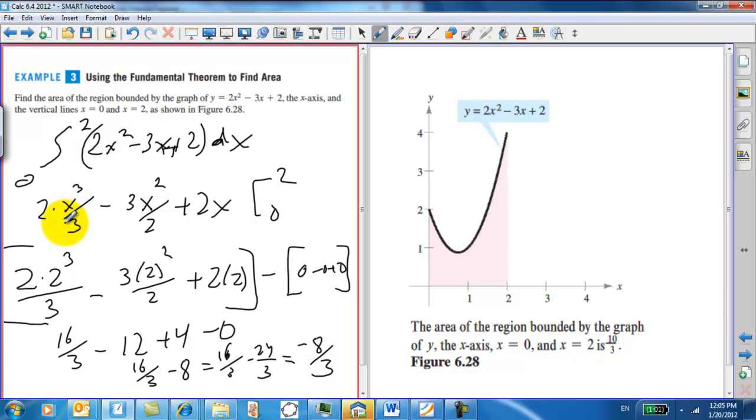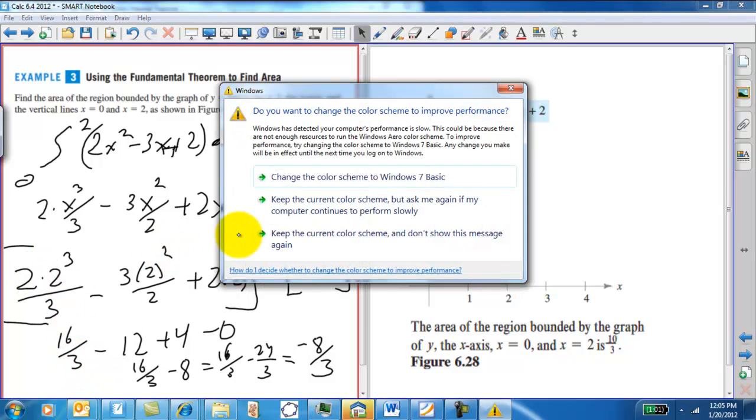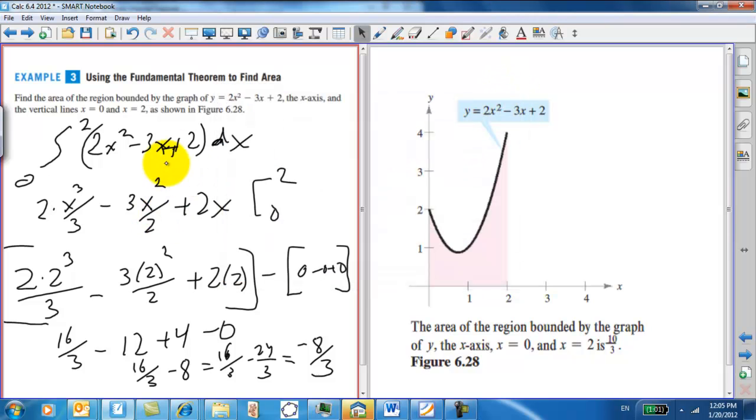2x cubed over 3, that's all good. 2x, we put the 2 in. 2 cubed is 8 times 2 is 16. That should be 16 thirds. We put the 2 in here. Oh, this is minus 6. So sorry, 2 squared is 4 divided by 2 is 2, times 3 is 6.